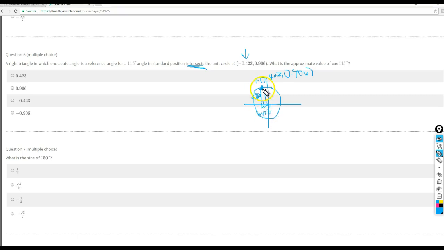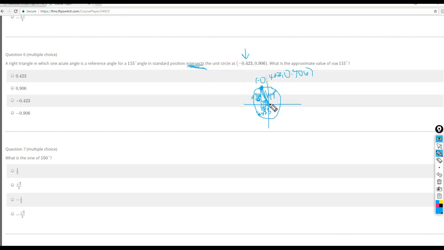And then you can use your reference angle right here. And we have the opposite side from our angle, the adjacent side, and the hypotenuse. And in the unit circle, the reason why it's called a unit is because it's 1.